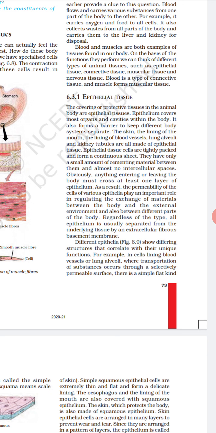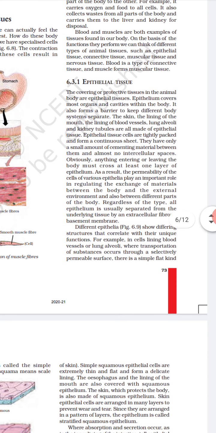These epithelial tissues are further classified into different types, and this classification is on the basis of the shape of the cells and their arrangement. The first type of epithelial tissue is squamous.